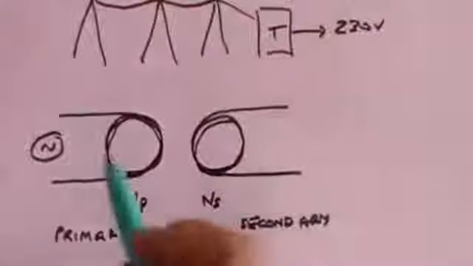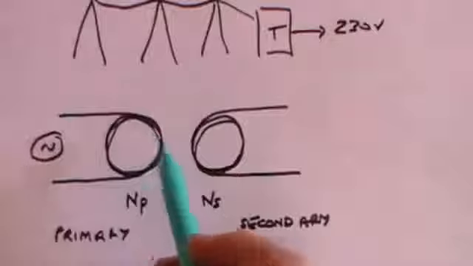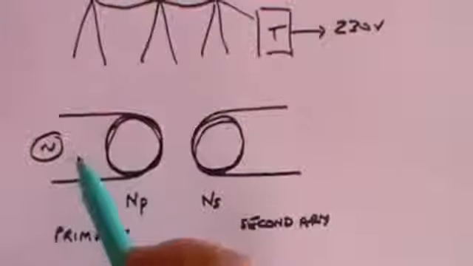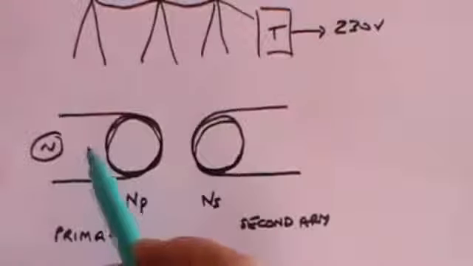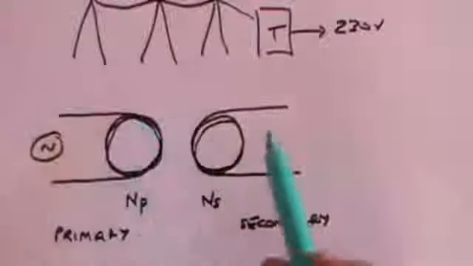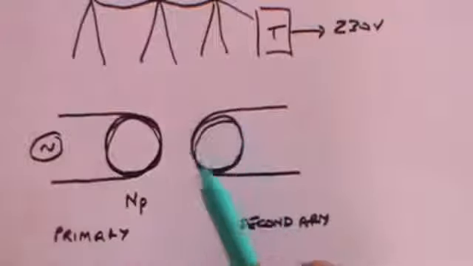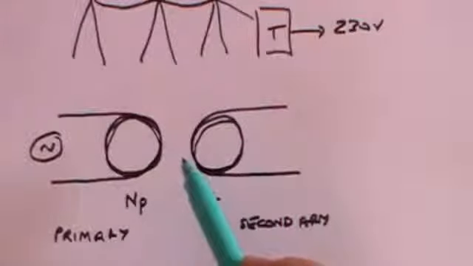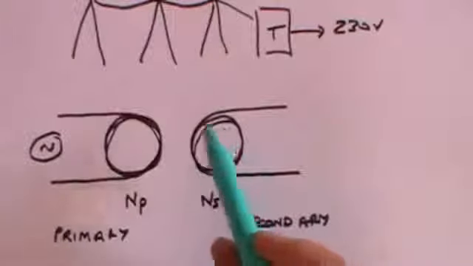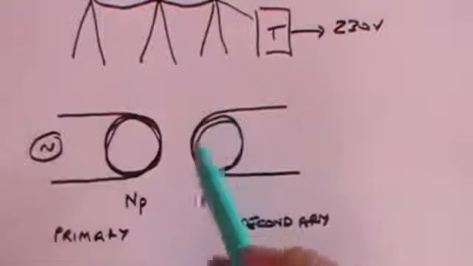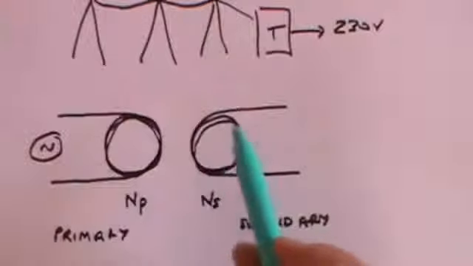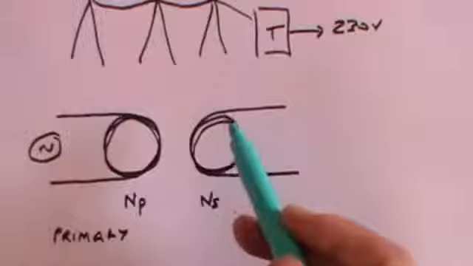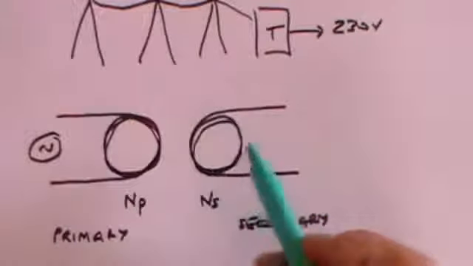Then what we know is that if we've got an alternating current going through this primary, the changing current will produce a changing magnetic field. And this wire, or this coil, is in the presence of a changing magnetic field. So in other words, there will be a change of flux in the coil in this secondary. And that means that there will be an induced alternating current in the secondary.